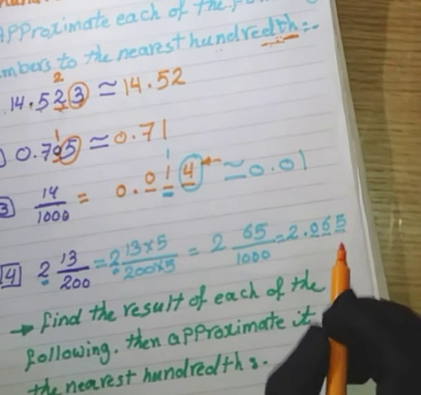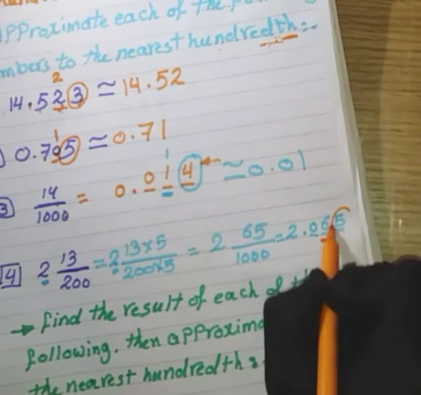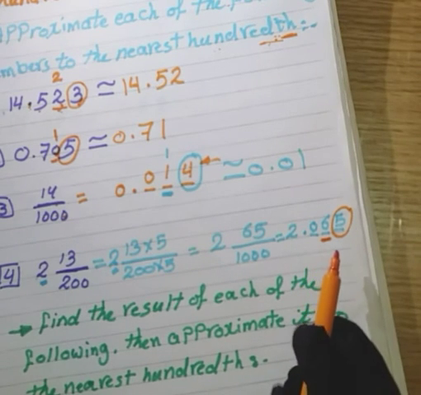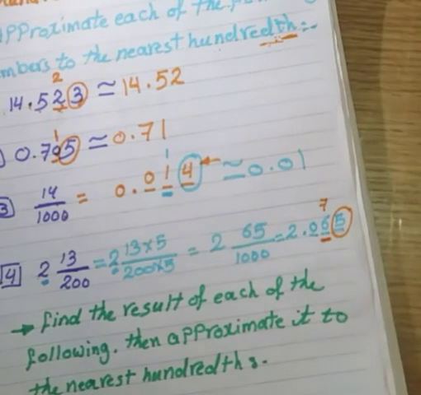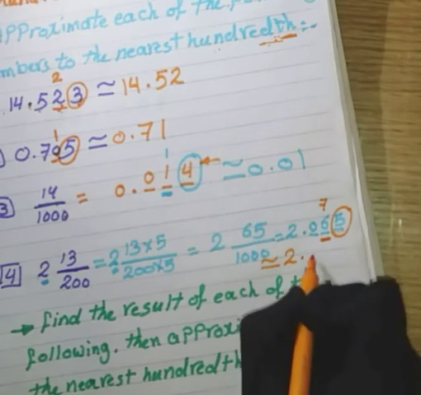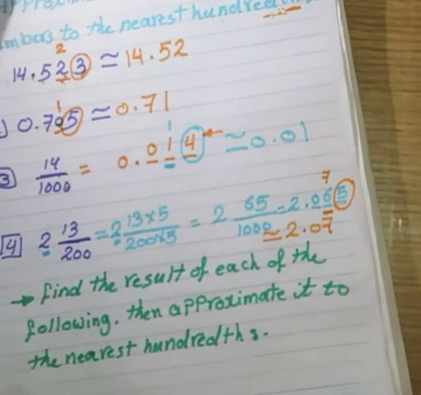Where is the hundredth, please? It's 6. You will underline 6, you will circle 5. Is 5 strong or weak? It is strong. So this 6 goes up to be 7. So my answer is 2 and 7 hundredths.